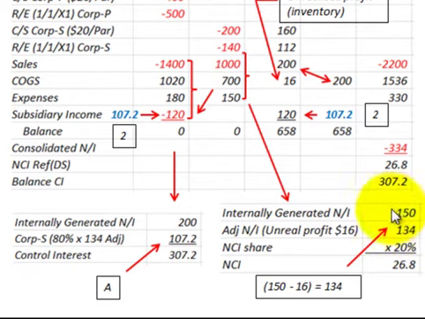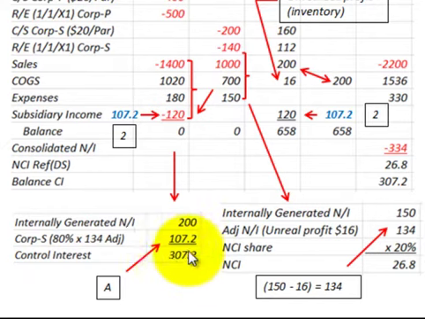Then going down and looking at our income distribution for the simple equity method, for the subsidiary, the $150,000 internally generated was adjusted for this profit in the beginning inventory. It was adjusted down to $134,000, so they get 20% of that, or $26,800. Now moving over to the parent, they would have an internally generated income of $200,000 in this case, and then they would get 80% of Corporation S's adjusted income of $134,000, so they get $170,200.